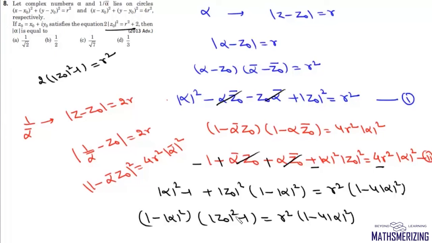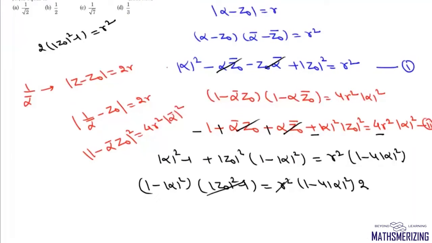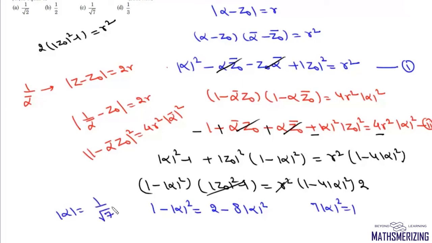If we cancel z0 square minus 1 with r square, we'll get this 2 here. So we can write this as 1 minus mod of alpha square will be equal to 2 minus 8 mod of alpha square, that is 7 times mod of alpha square equals 1, or mod alpha is equal to 1 upon under root 7, and that's your option C.